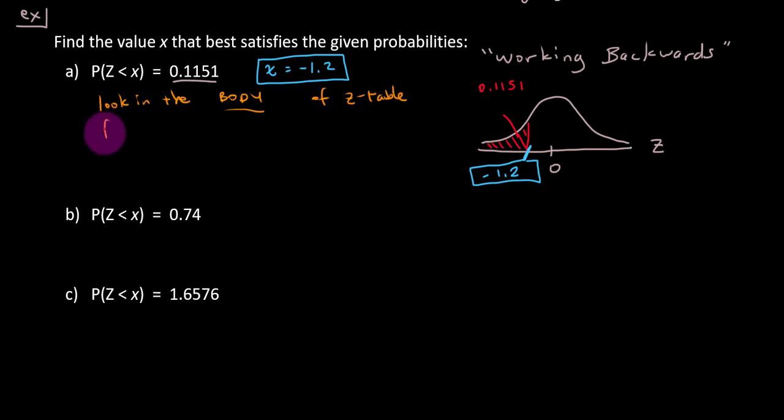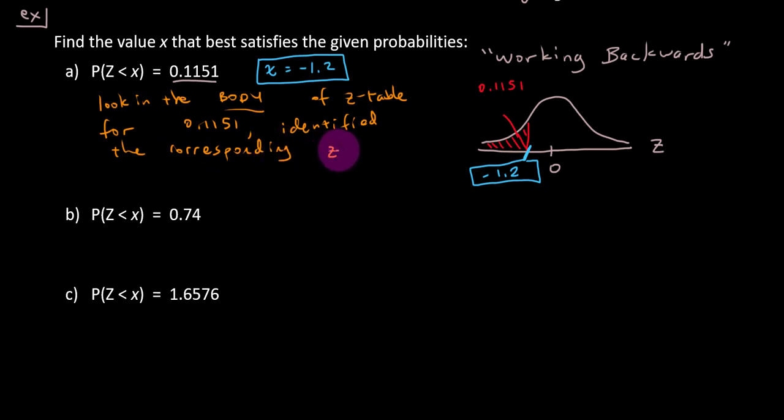We looked for 0.1151 and then identified the corresponding z value, which was in blue, negative 1.2. Awesome. Let's do that again now in part B.